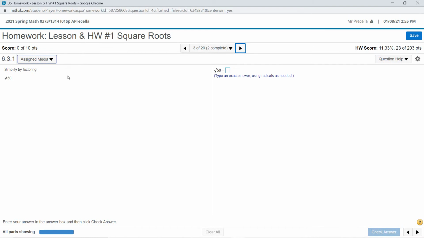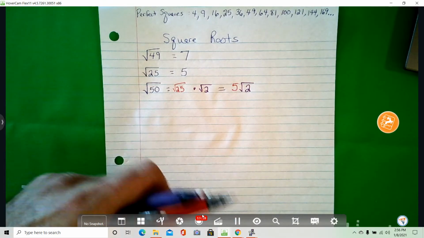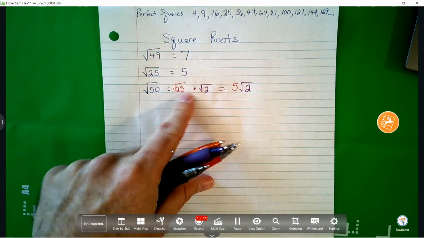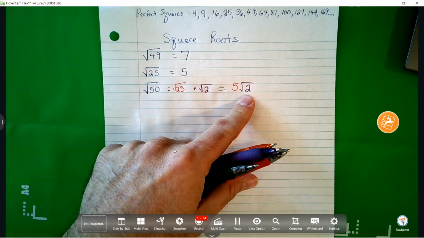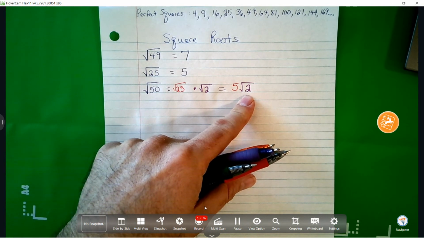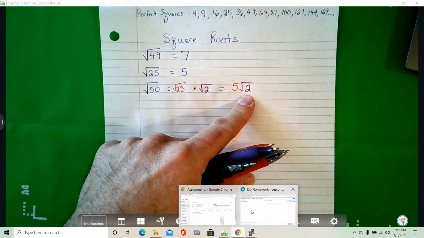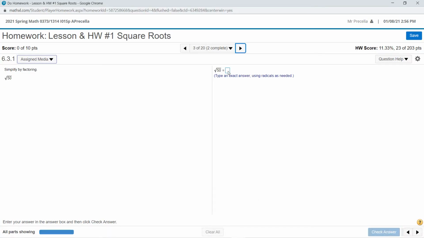Number 3's. Oh, square root of 50. Well, that's one we've already done. Now remember doing that one, the square root of 50? You rewrite it as 25 times 2, so that's 5 square root of 2. Now we get back over here and punch in right here.